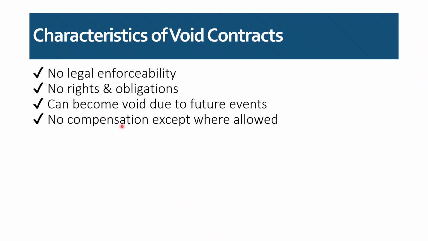Also, there is no compensation except in specific provisions. For example, under quasi-contract, compensation may still be granted. So here we understand that a void contract basically has no legal effect even if the parties thought that they had formed a valid agreement.